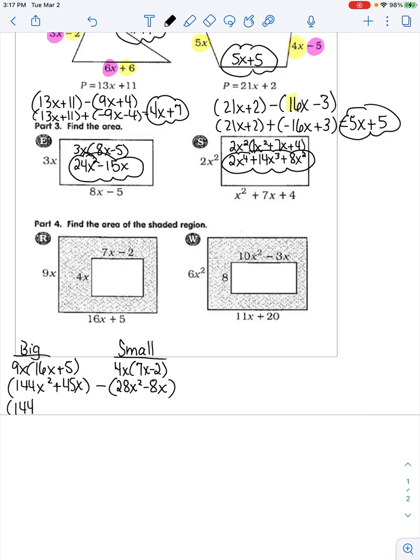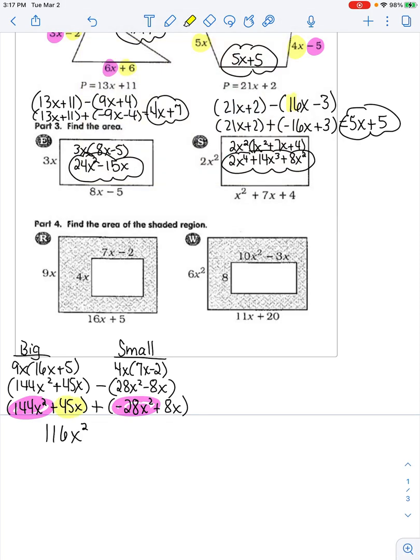And that's going to become 144x squared plus 45x, see that doesn't change, plus negative 28x squared plus 8x. So when I combine these, 144x squared and negative 28x squared are like terms. So I want to do 144 minus 28, which is 116x squared.